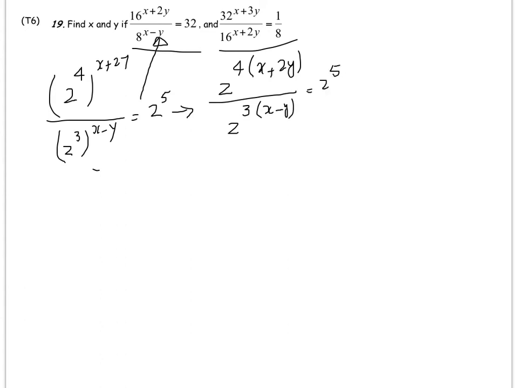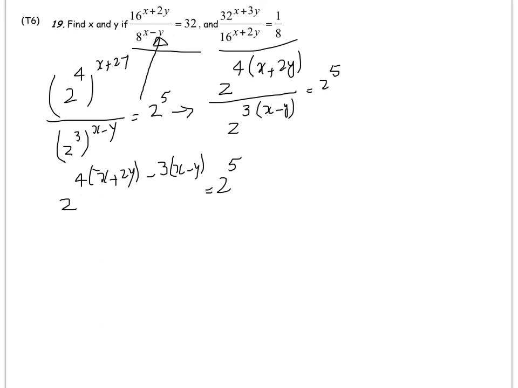Now, when you have division of powers with the same base, we subtract exponents, so we get 2 exponent 4 times x plus 2y minus 3 times x minus y is 2 exponent 5.